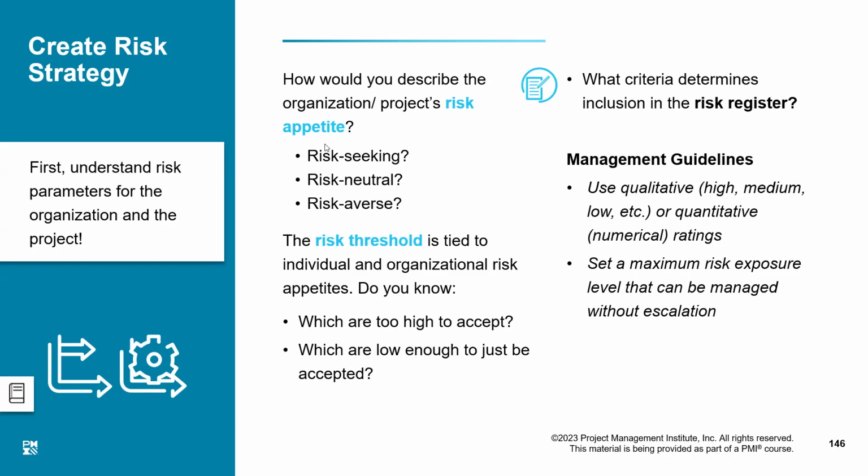All of these things are to be considered when we are creating the relevant management plan. In this case, it is a risk management plan we are talking about. What is the governance and guidance provided to you as a risk manager, that is, what is the risk strategy from the organizational point of view?